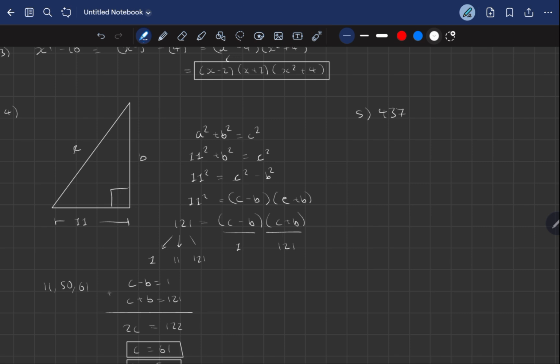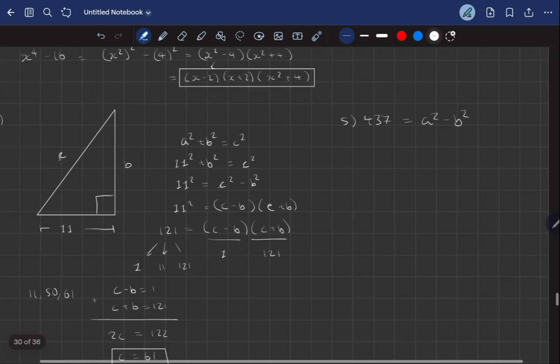If the number is odd, we can always represent it as a difference of two squares. But why? Let's delve into this. Let's say 437 has to be a squared minus b squared. That's what we want. And we want a and b.